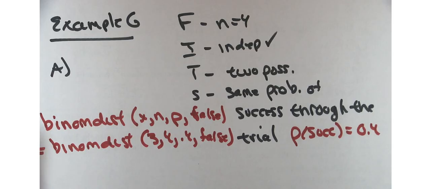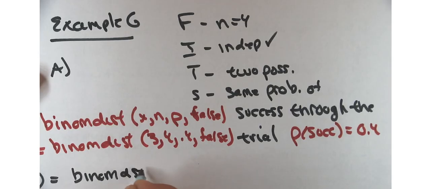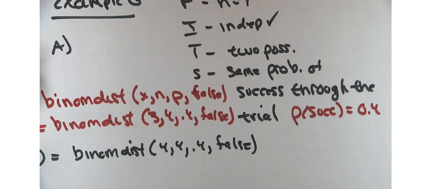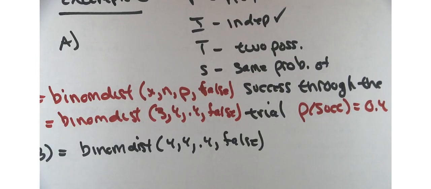So for part B, it's going to equal binomial distribution 4, 4, 0.4, false. Too many 4s in that one for my taste, but it is what it is.